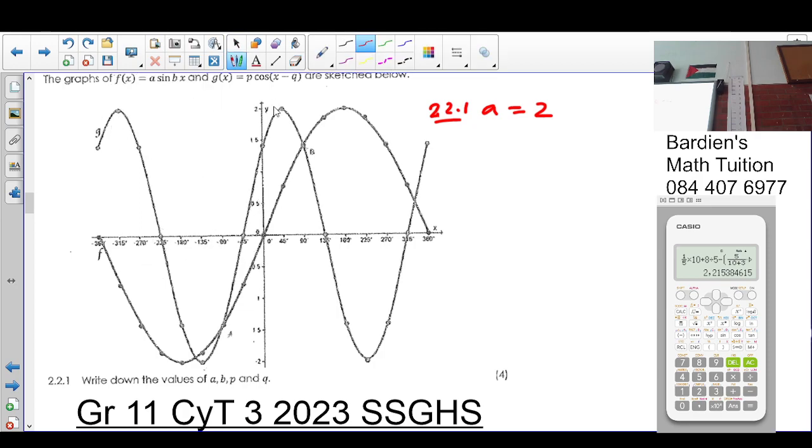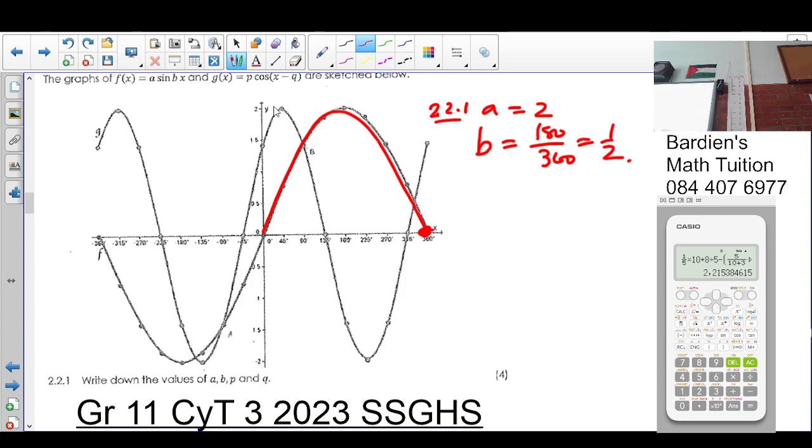The basic sine graph normally completes itself in 360 degrees. Here only half of the graph is in 360. This point is normally at 180. So b is going to be 180 divided by 360, which is a half.